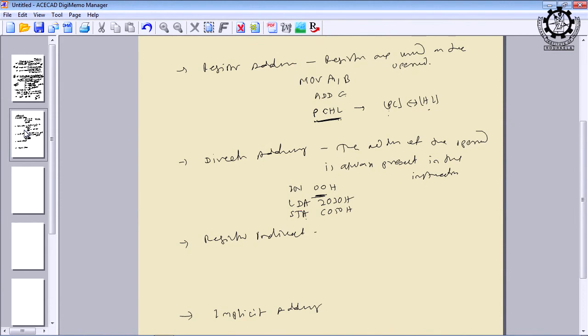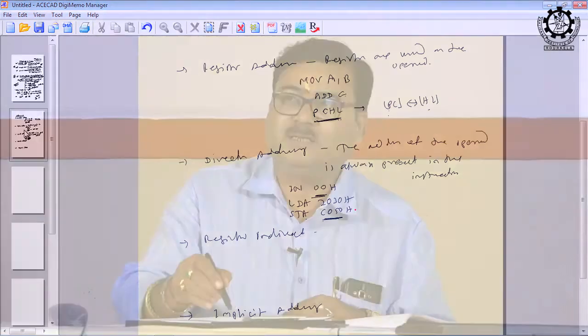Store the content of accumulator A into a memory location whose address is specified in the instruction, C050. That is the literal meaning of this instruction, right.